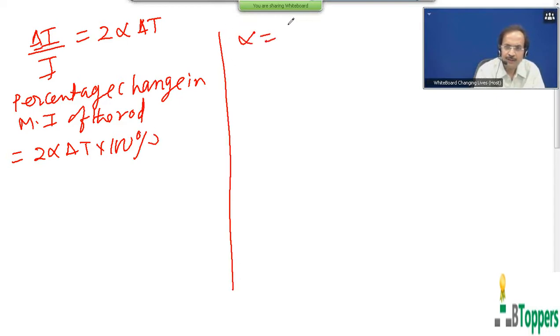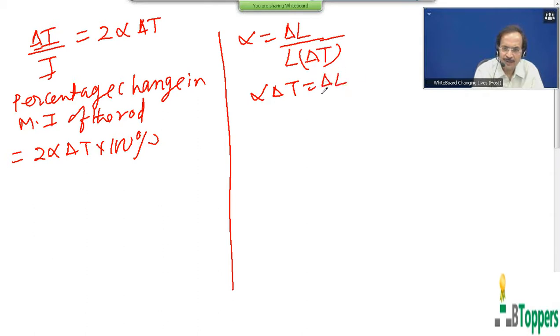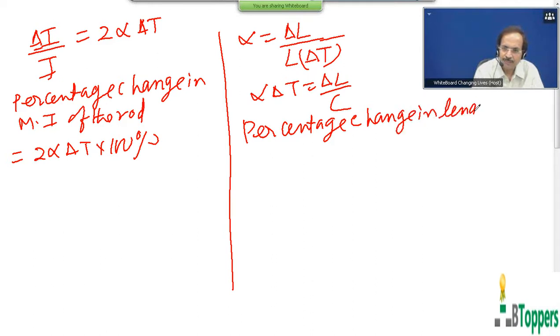Now the coefficient of linear expansion alpha, if it is assumed to be constant for a given range of temperatures, can be written as delta L by L into delta T, where delta L is the increase or change in the length of the rod when the temperature changes by delta T. So alpha into delta T is delta L by L. The percentage change in the length of the rod is the actual change in the length divided by the original length into 100%.